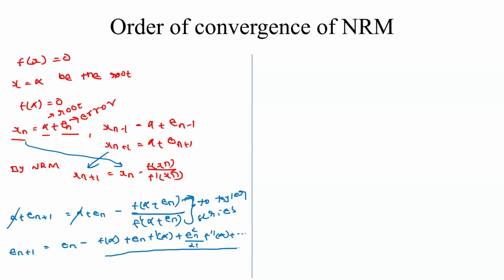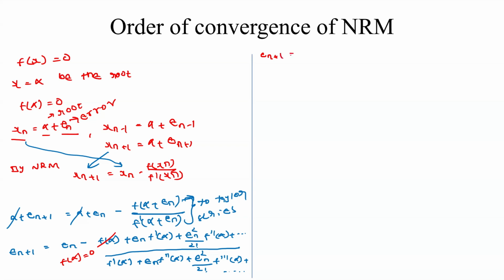And f dash of alpha plus en can be written as f dash of alpha plus en into f double dash of alpha plus e square n by 2 factorial into f triple dash of alpha, and so on. In the numerator, f of alpha is 0 since alpha is the root.